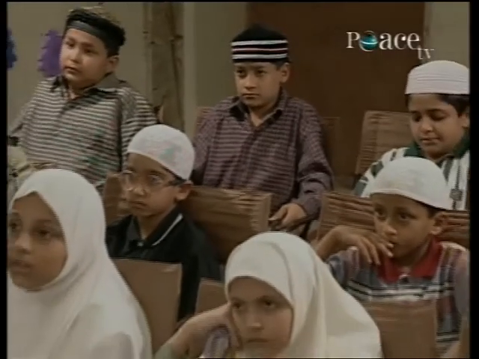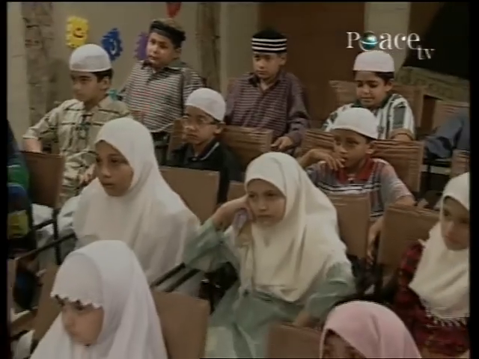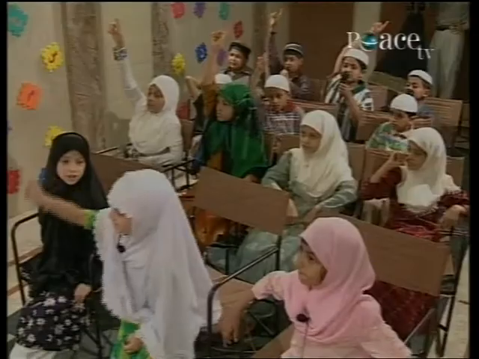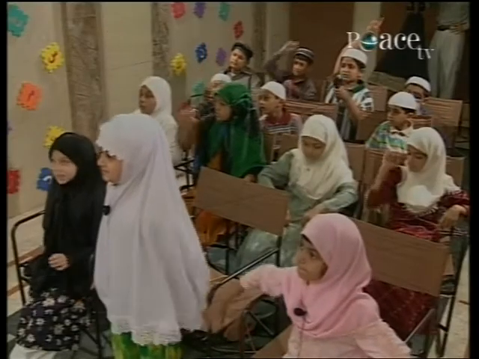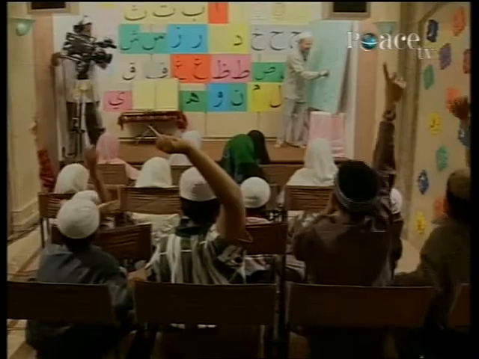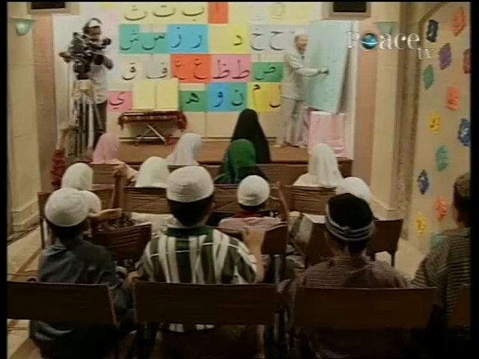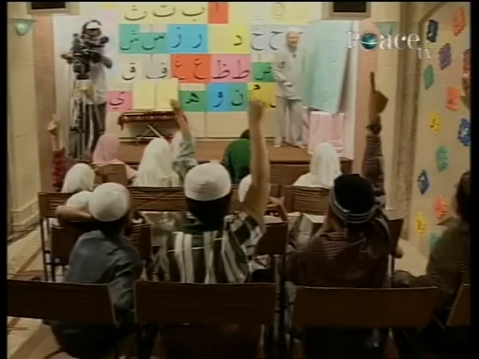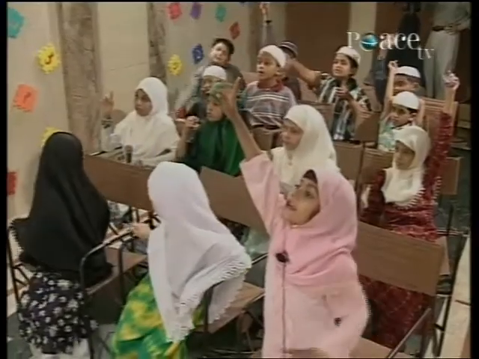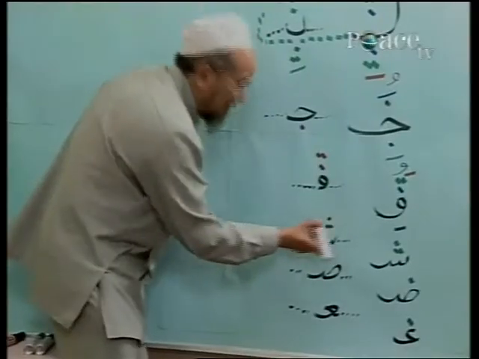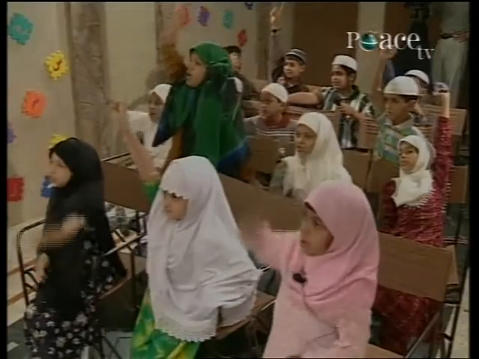You got it? Now, if we put the dots, just see. Can you read this now? Ja. Now this? Fa. Very good. With 2 dots? Ka. And with these 3 dots? Sha.